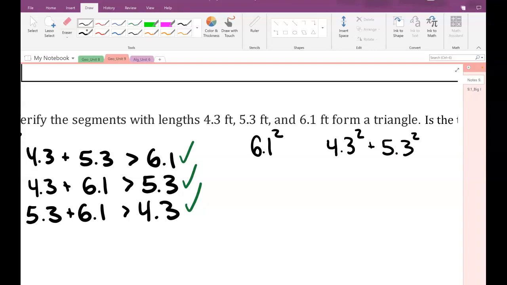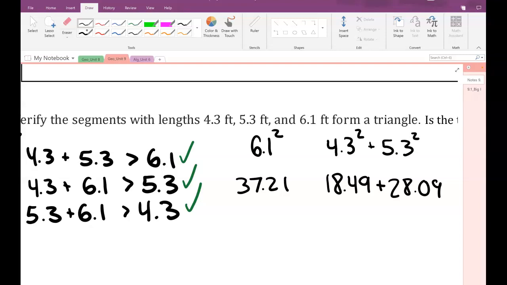So taking 6.1 squared, that is 37.21. We take 4.3 squared, that's 18.49, plus 5.3 squared, that would be 28.09.